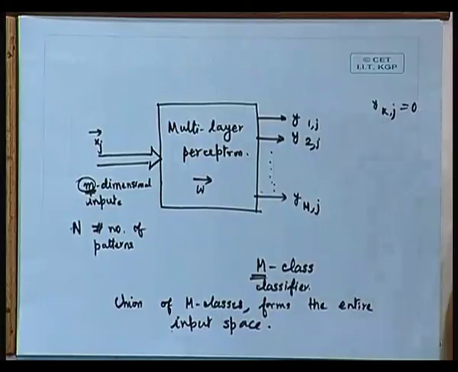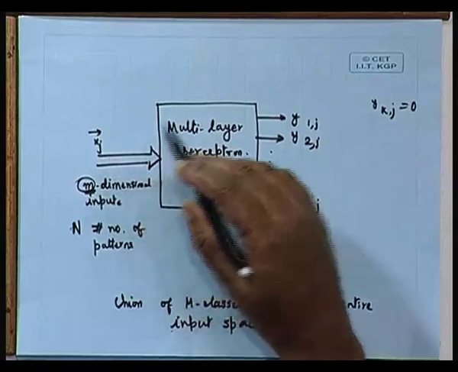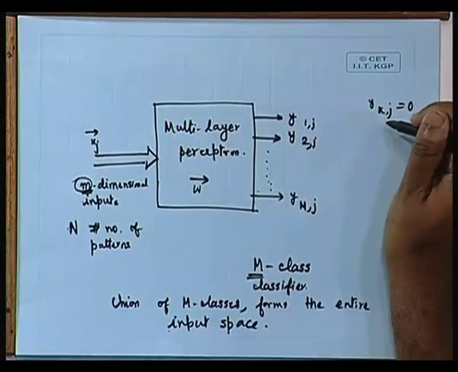In fact, we can look at the classification problem in the easiest way, by imagining that all these y's that we are generating as outputs are binaries. Binaries indicating that if y k j is equal to 0, this will mean that the pattern x of j does not belong to the class k.